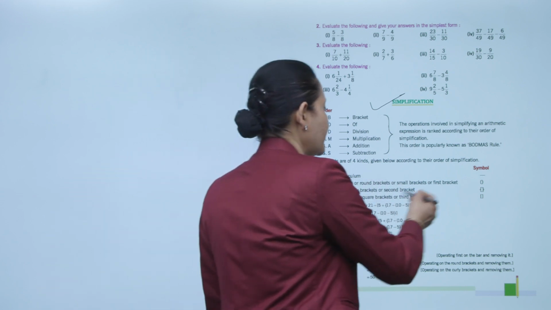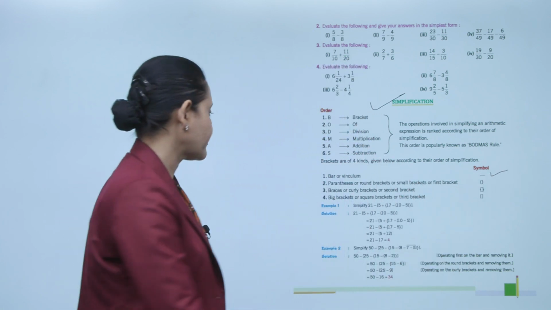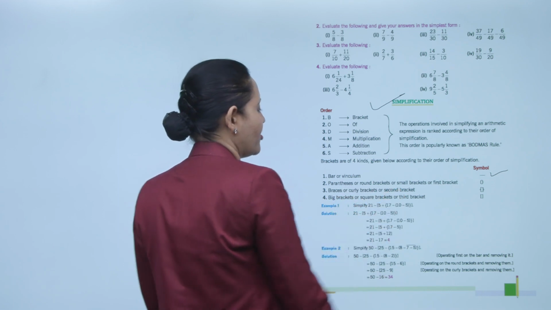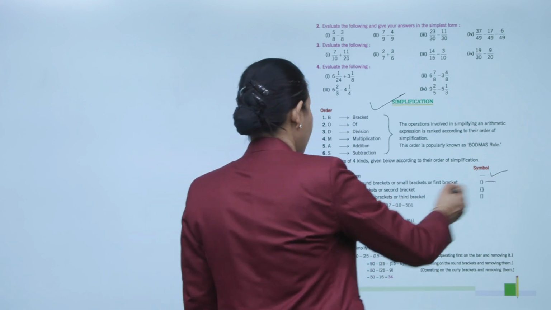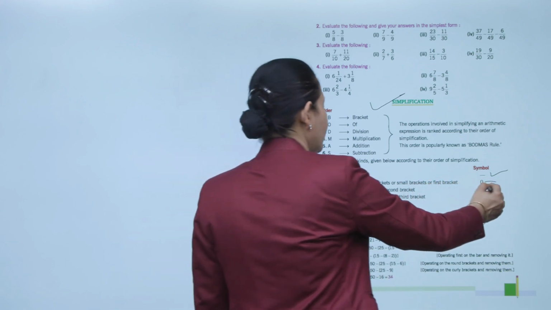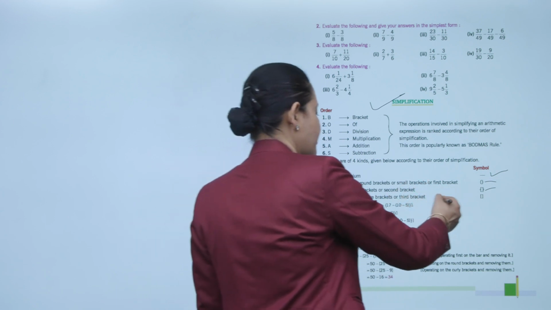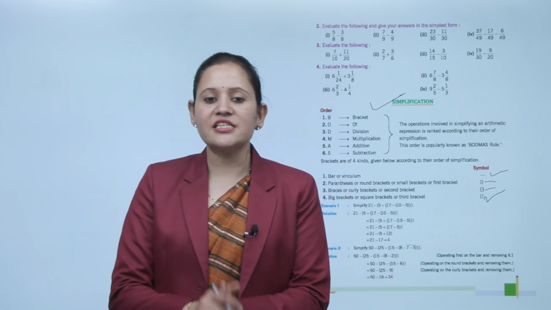First, bar or vinculum. This is the bar or vinculum. Then parenthesis or the round bracket or the small bracket or first bracket. This one. Then braces or curly bracket or second bracket, then big bracket or square bracket or third bracket. Clear? Now we'll take an example.